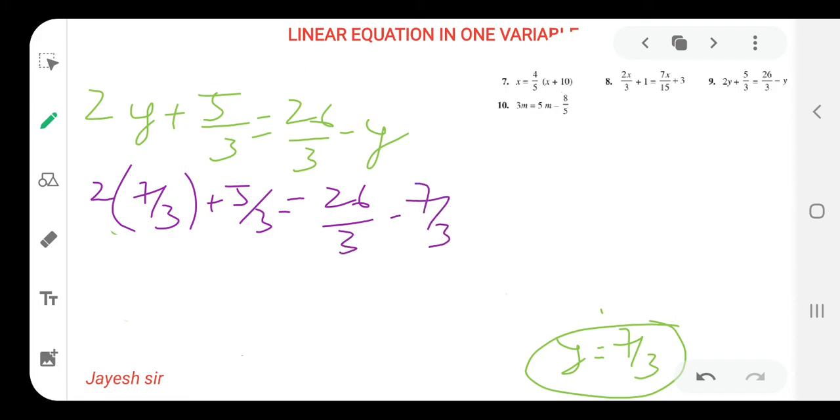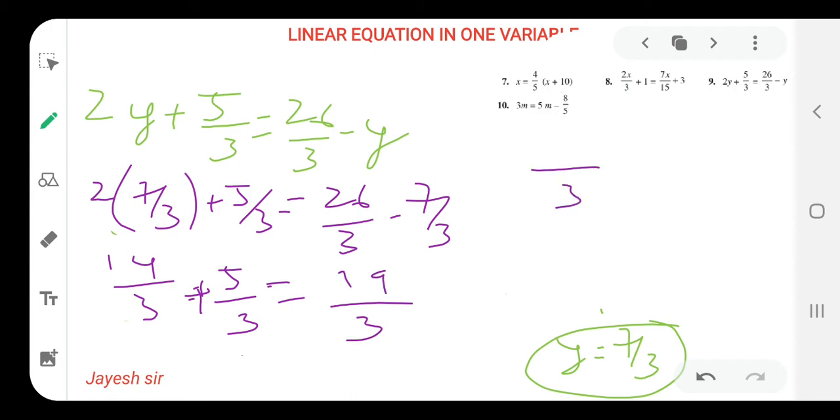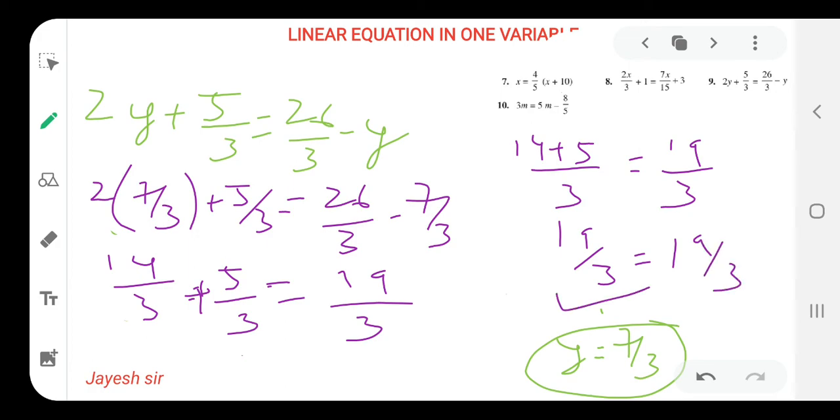Now, 14 by 3 plus 5 by 3 as it is. 26 minus 7 would be 19 by 3, the denominator being the same. 14 plus 5 is equal to 19 by 3. Here we are getting 19 by 3 on both the sides. That means our answer is correct. From that we can say LHS equals RHS.